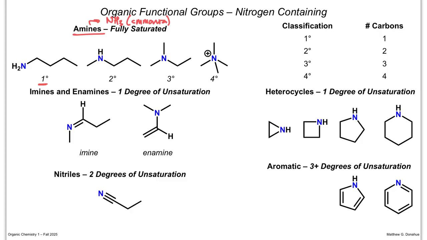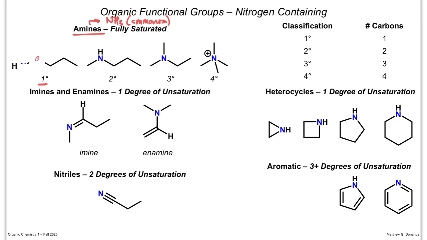And the way that amines are classified, and let me just throw this out there, these classification systems can be different for different functional groups. So we have to know what kind of heteroatom is involved. A primary amine has an NH2 group, and the nitrogen is attached to only 1 carbon.